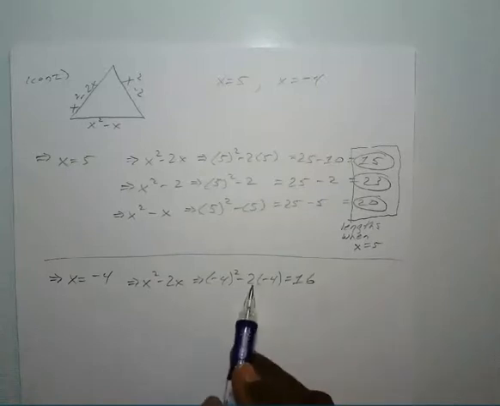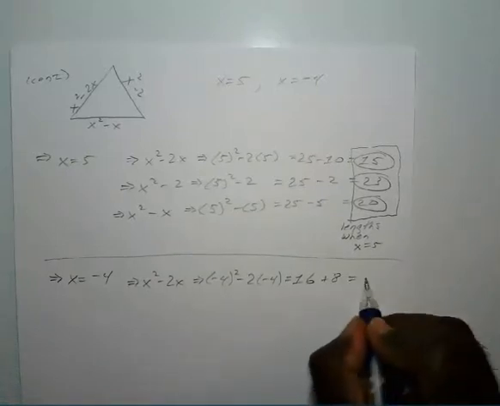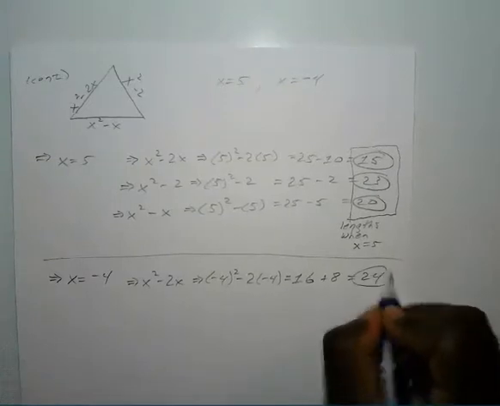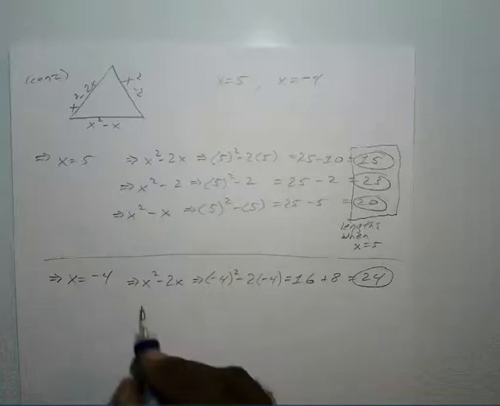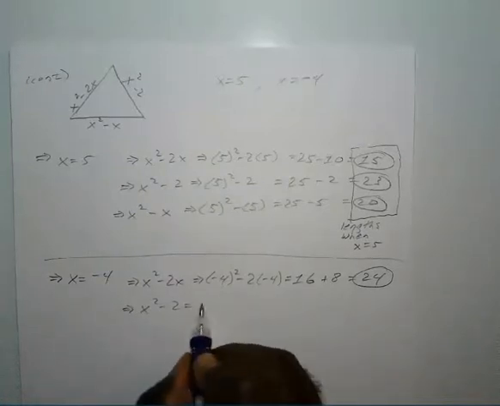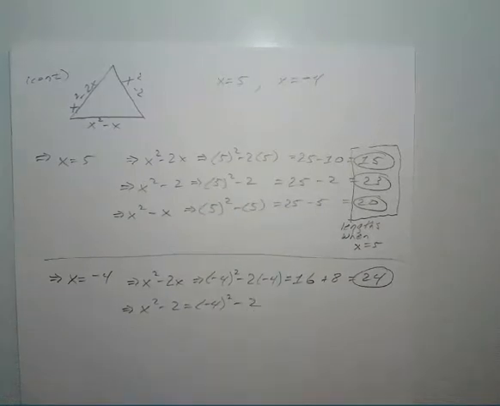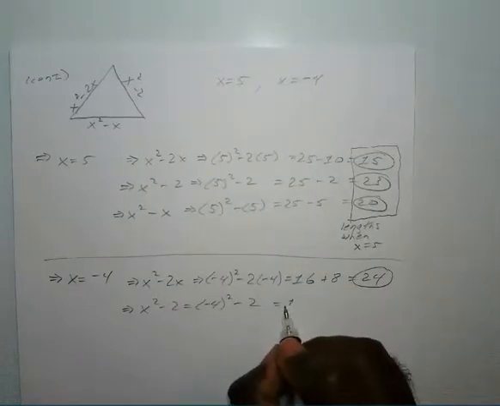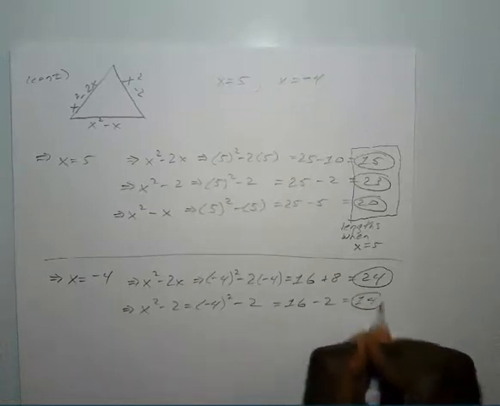And negative 2 times negative 4 is positive 8, which is 24. Okay, now x squared minus 2 is just negative 4 squared minus 2. Again, negative 4 squared is 16, so that's 16 minus 2, which is 14.